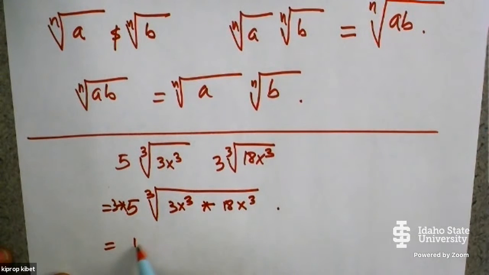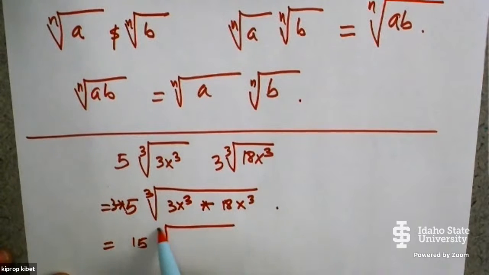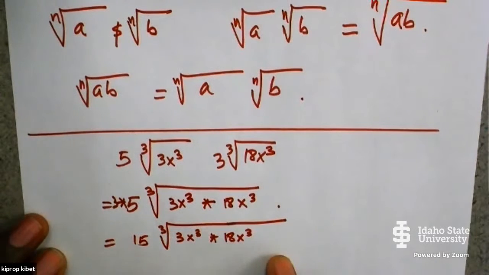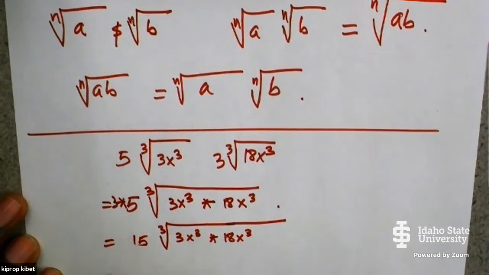So this is the same as 15 times the cube root of 3x cubed multiplied by 18x cubed, right? So again, this is the same as 3x.